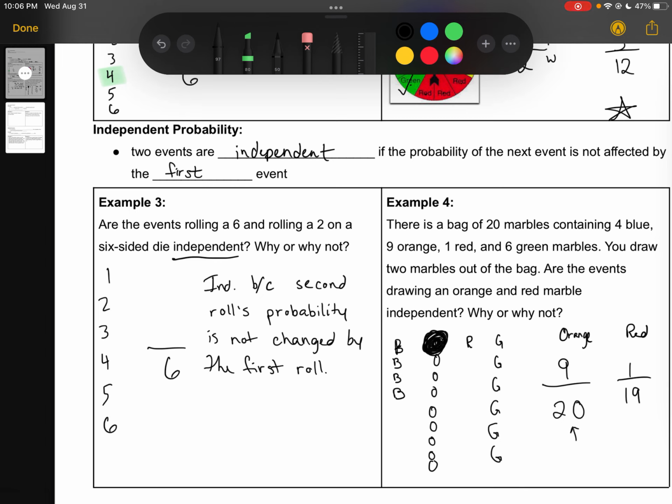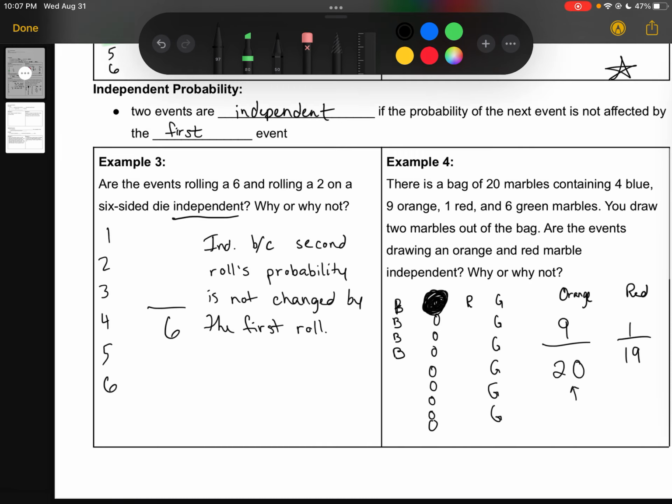There's still only one outcome that's red, 1 out of 19, but that probability is actually more likely now because there are fewer orange marbles I could mistakenly pick up. So in this case, we have a dependent event because drawing orange changed the probability that we draw a red marble.